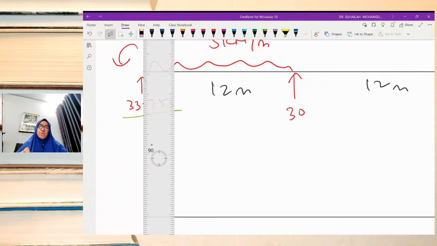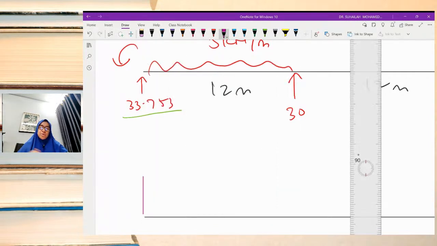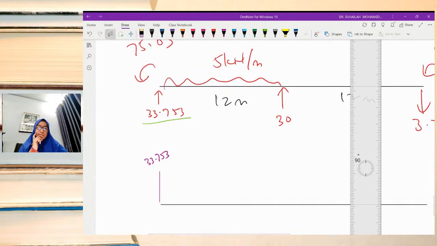We just need to follow the arrow going up, and the value is 33.753. Because of the 5 kilonewton UDL, we have to minus 5 times 12.